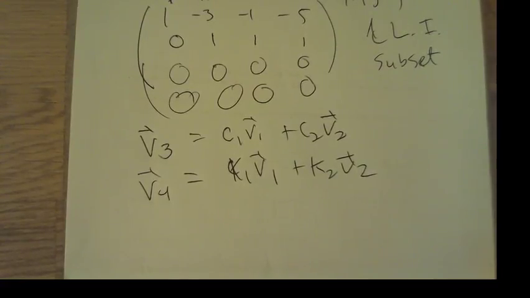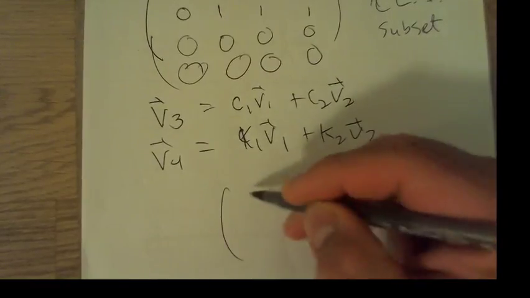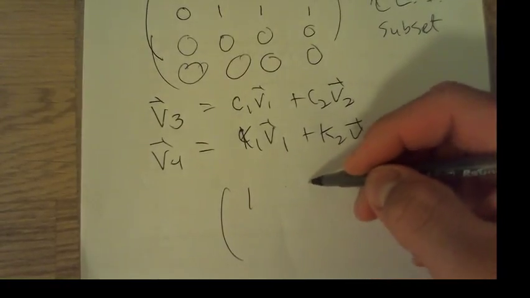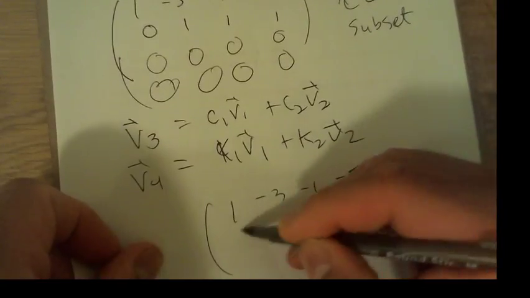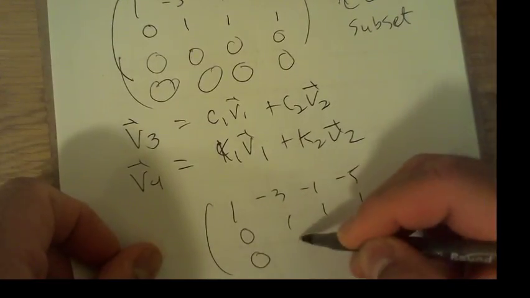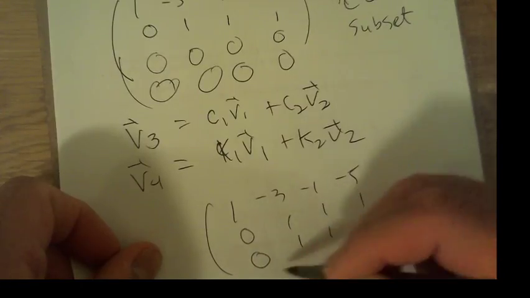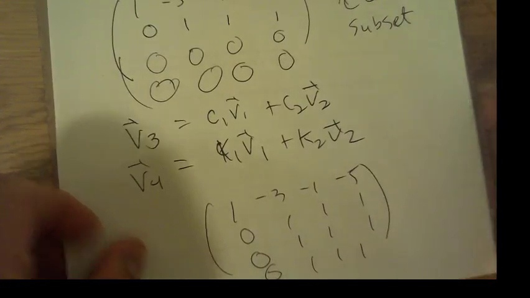Then I pick V3, V1. Is this what you're referring to, Jennifer? Something like this?